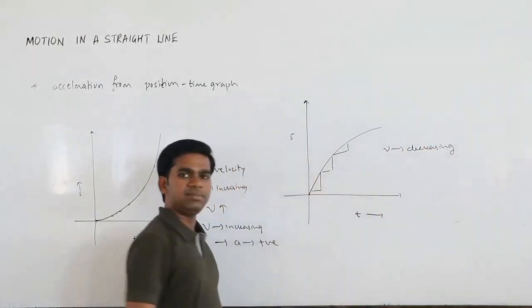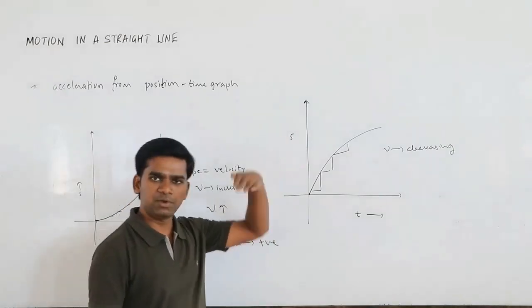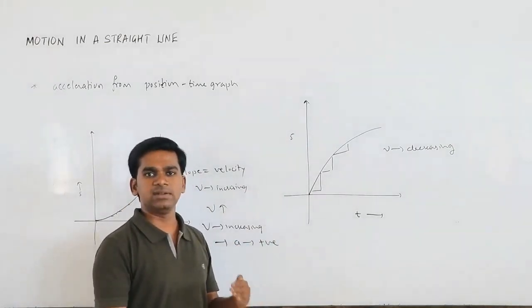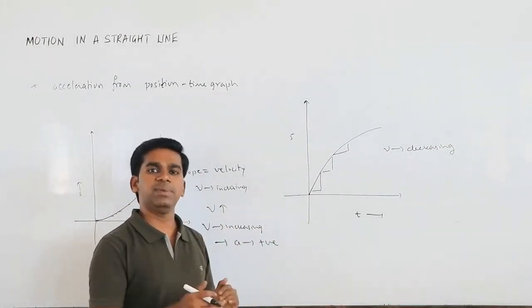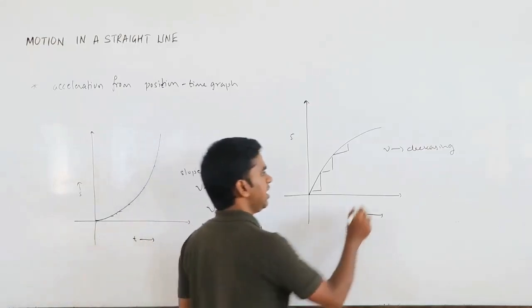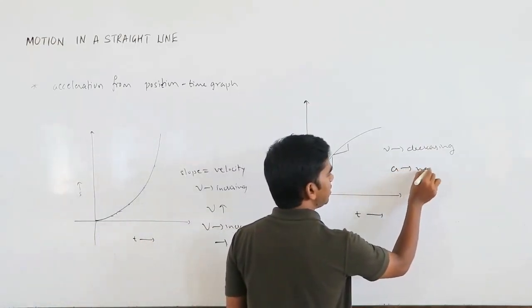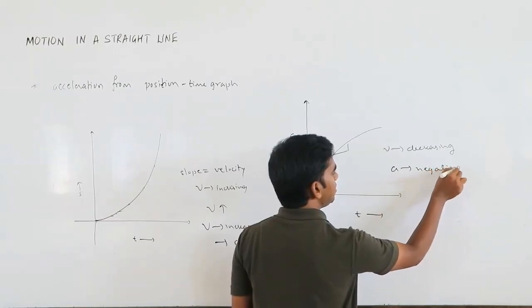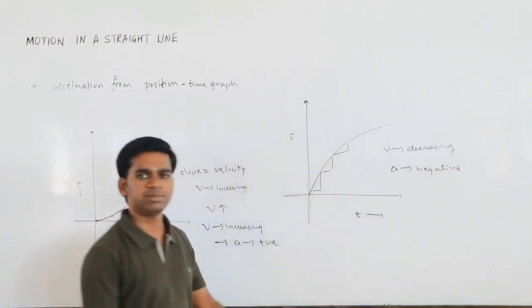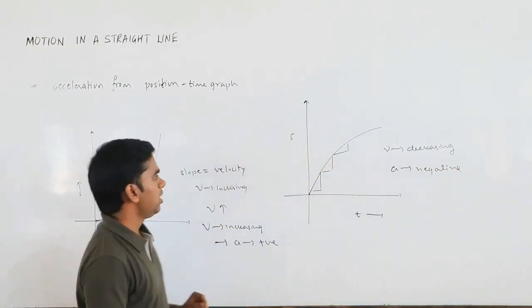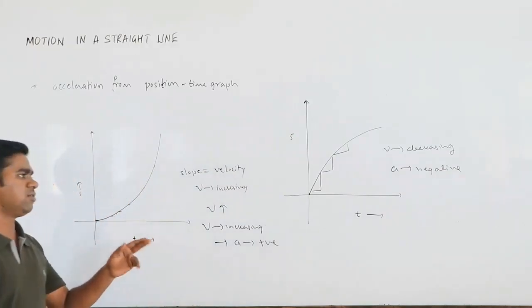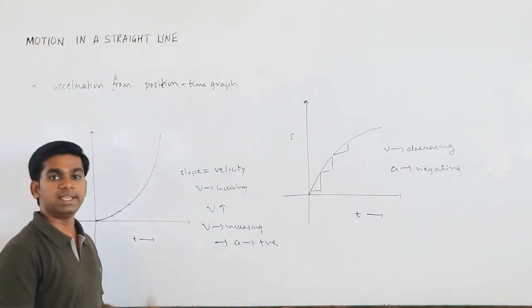Velocity is decreasing, meaning it is coming from 50 to 40. So acceleration is 40 minus 50 divided by 10. So you will get acceleration as negative. Acceleration negative means the body is retarding. So by looking at the ST graph also you can comment on the acceleration.